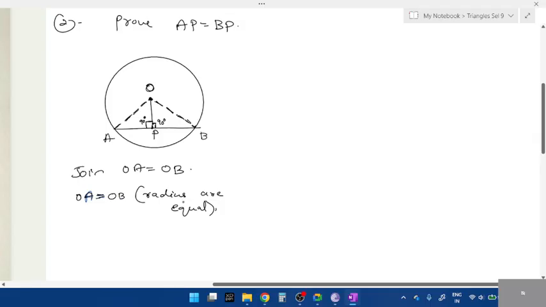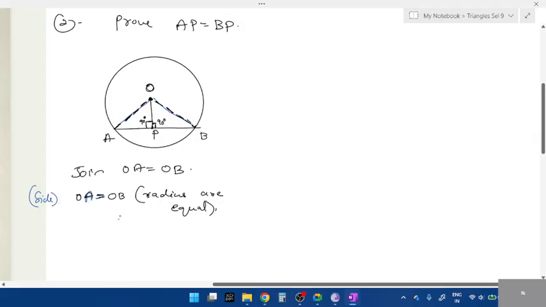Is it an angle or side? It's a side. In bracket, I'll write it. You don't have to write that, it's just for explanation purpose.